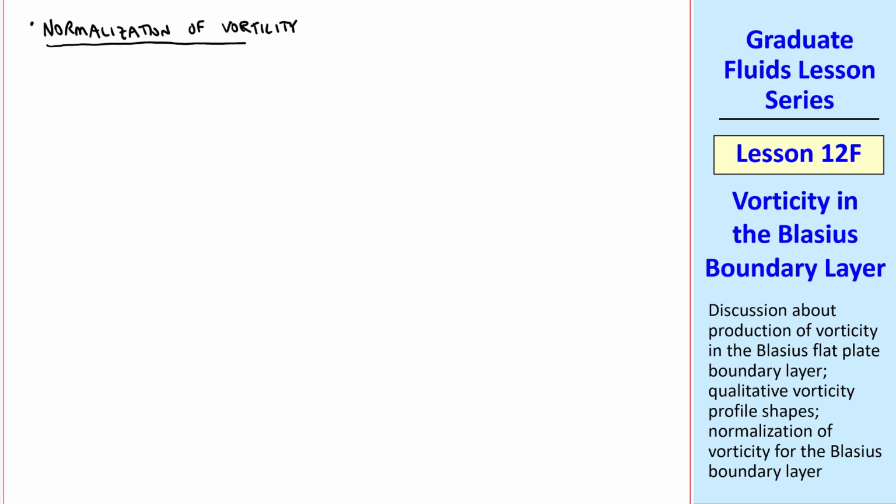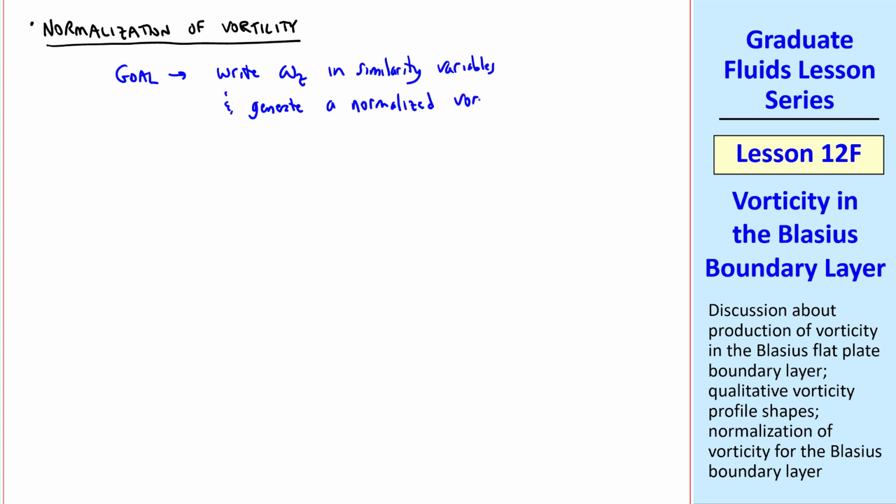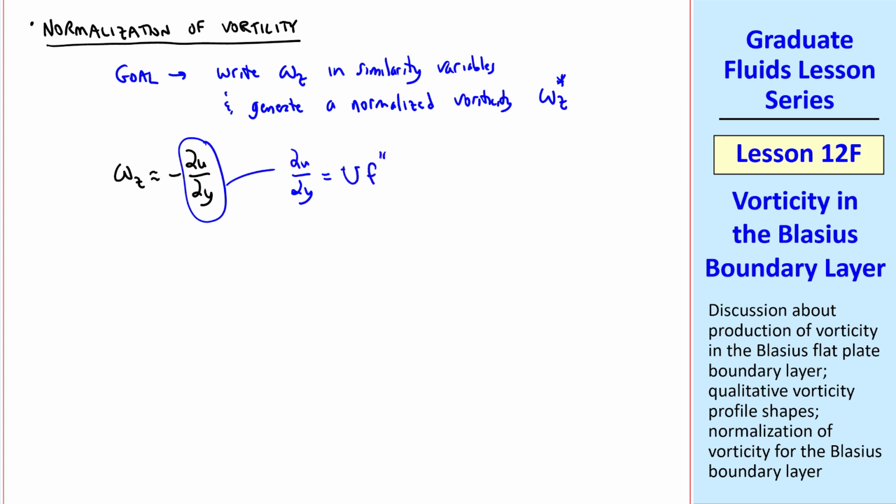Finally, let's briefly discuss how to normalize the vorticity. In other words, our goal is to write omega z in similarity variables and generate a normalized vorticity, which we call omega z star. We start with our equation for omega z, which is negative del u del y. But del u del y was equal to U f double prime times 1 over delta c in our similarity variables.